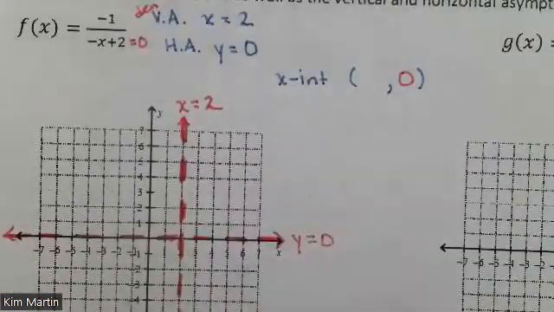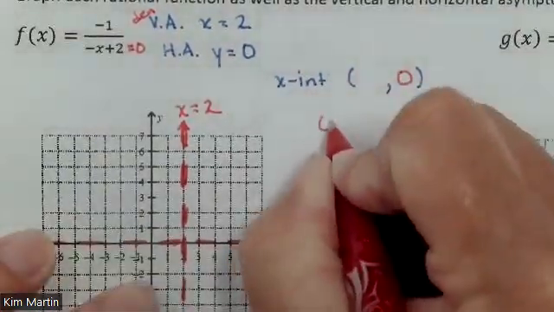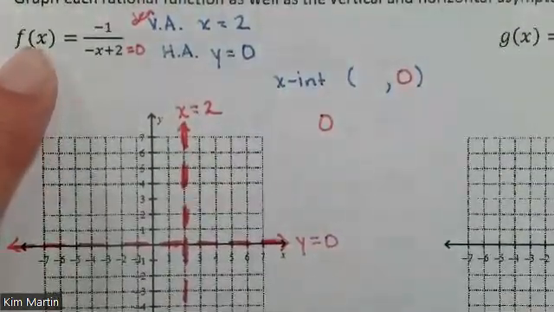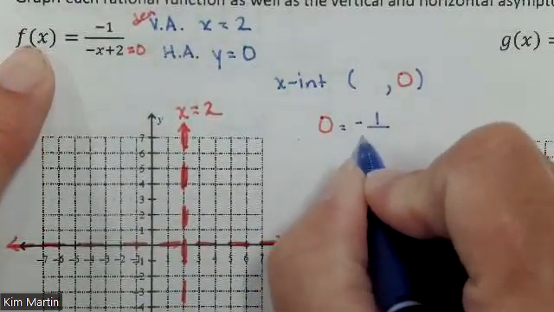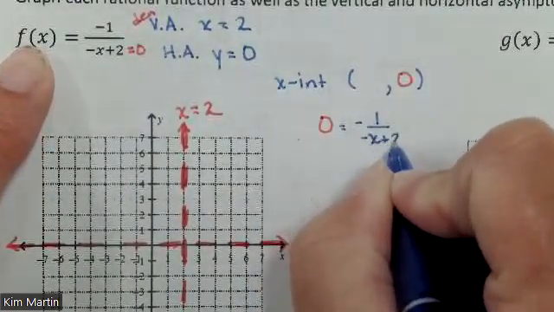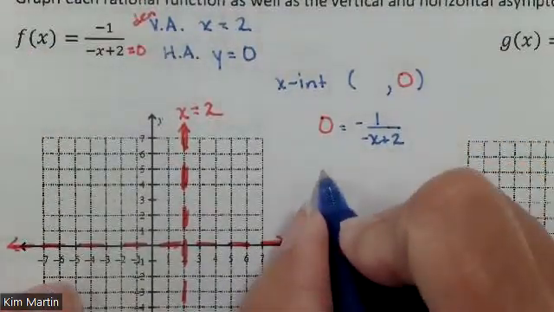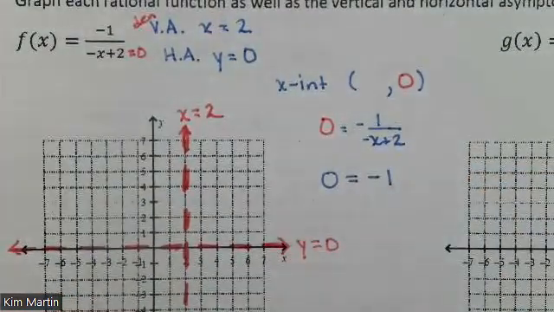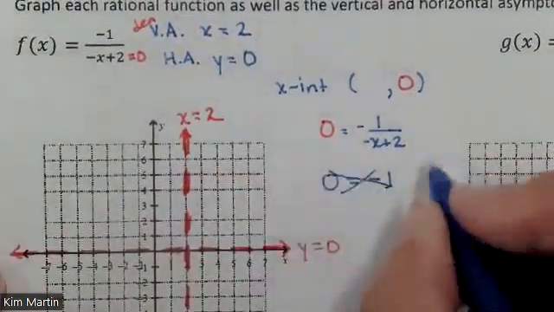So I'm going to plug in 0 for my y and set that equal to -1 over -x plus 2. Now I would cross multiply and I would get 0 is equal to -1. Does that even make sense? No. So there is no x-intercept.